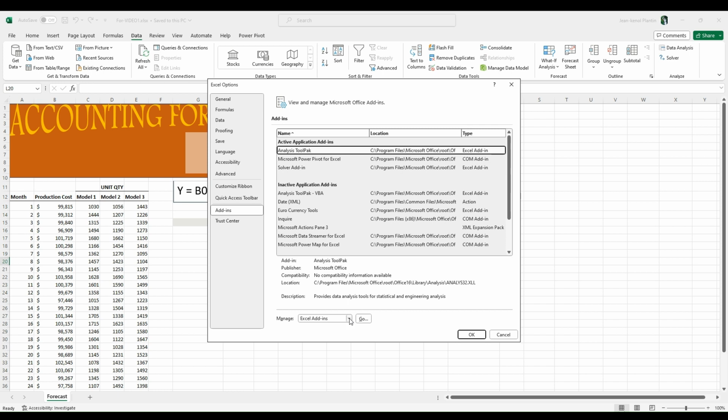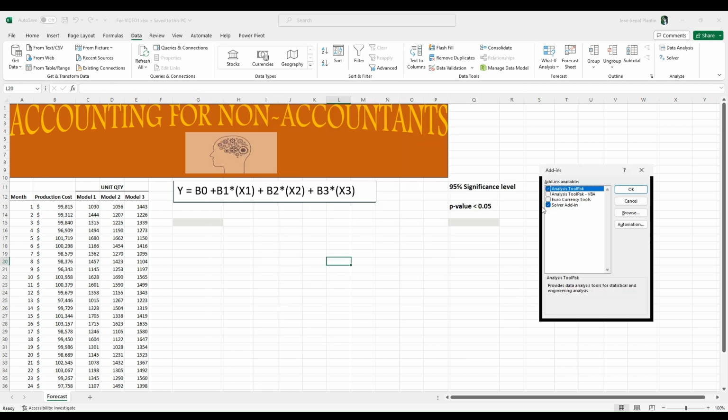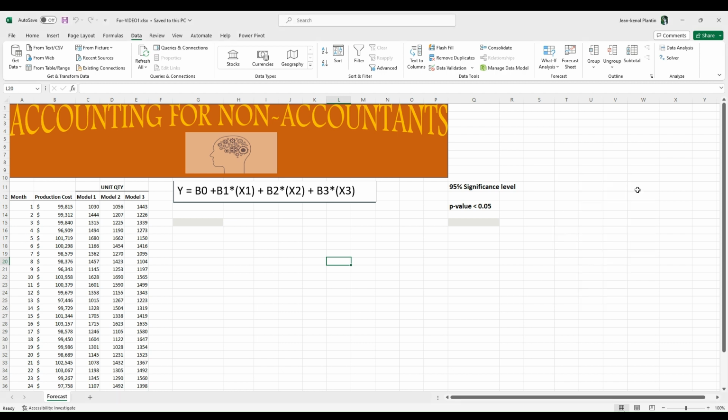This is an add-in. It comes with Excel, but it's not readily available. You have to install it. Click Go, and you're going to have that screen pop up, and you make sure there's a check mark next to Analysis ToolPak. Once you see that, you click OK.